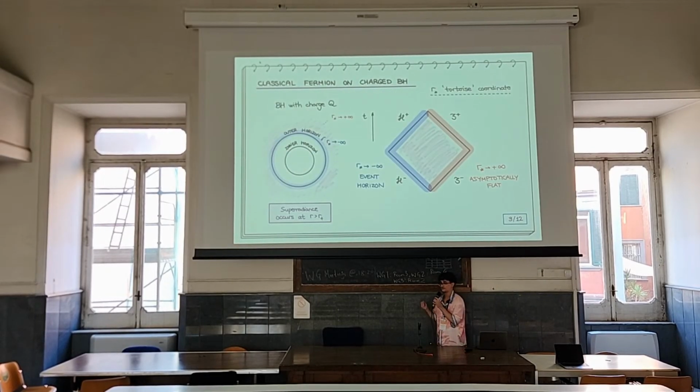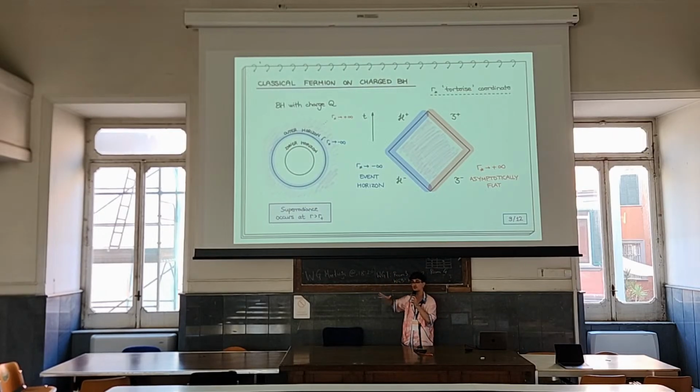So let's first talk about the ingredients that we need for describing this quantum effect. First of all, we need a curved background, the Reissner-Nordström black hole, that has two different horizons. For describing these effects we are going to focus on the outer region, outside the event horizon.